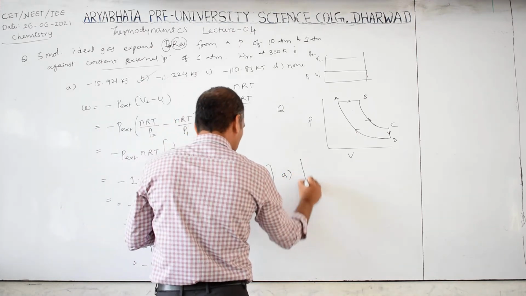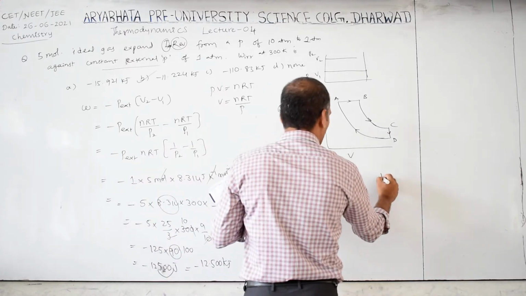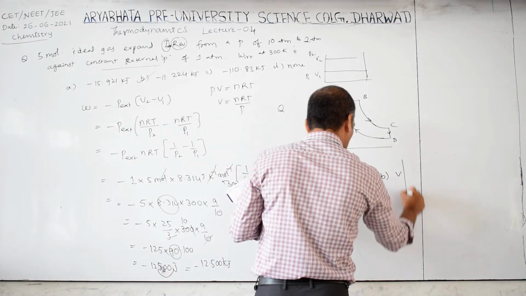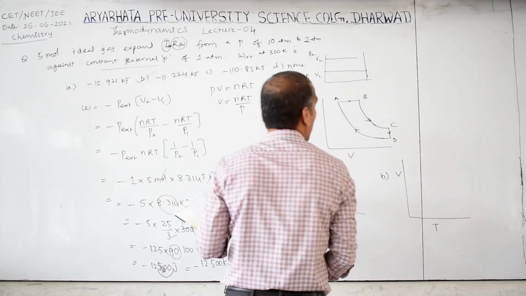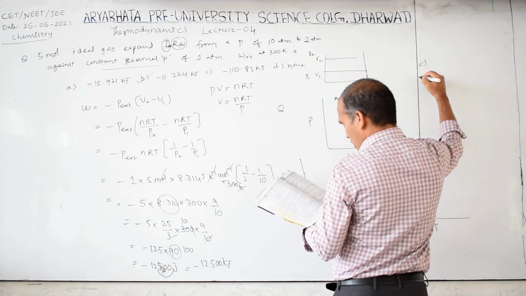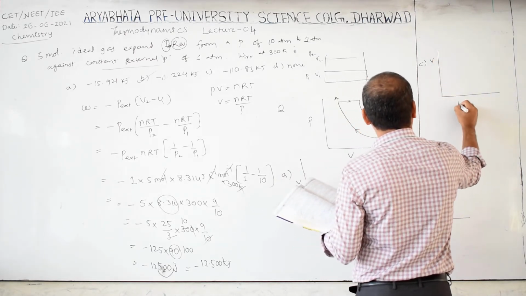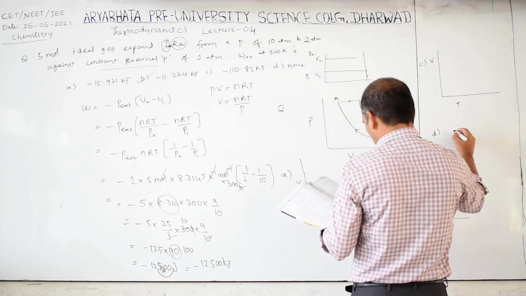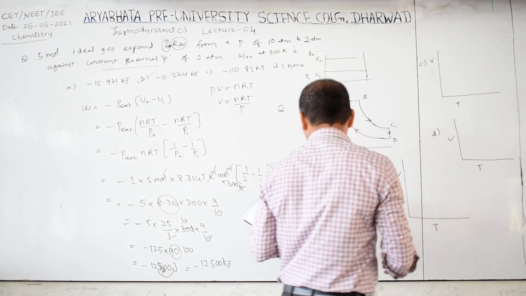Option A is given as volume, temperature. Option B is given as volume, temperature, and option C is given as volume, temperature. Option D is given as volume, temperature.